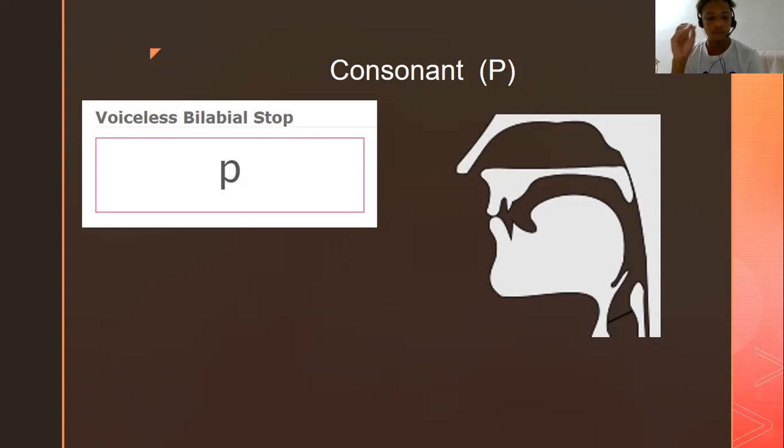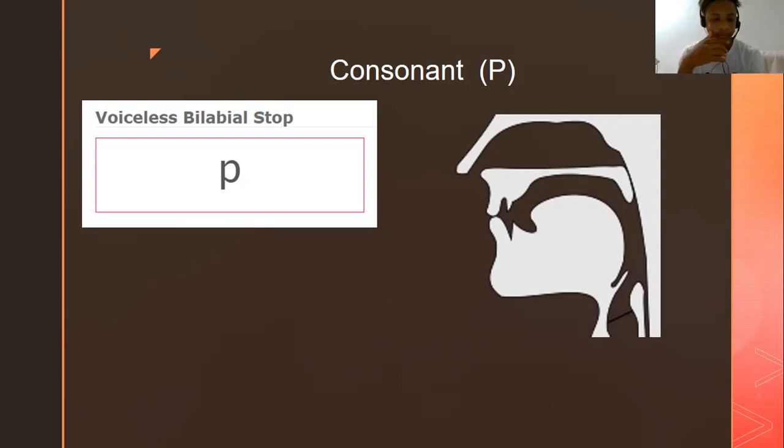It's an oral consonant, which means the air escapes only through your mouth, because the sound is not produced with airflow over the tongue. The central-lateral distinction does not apply in this case.